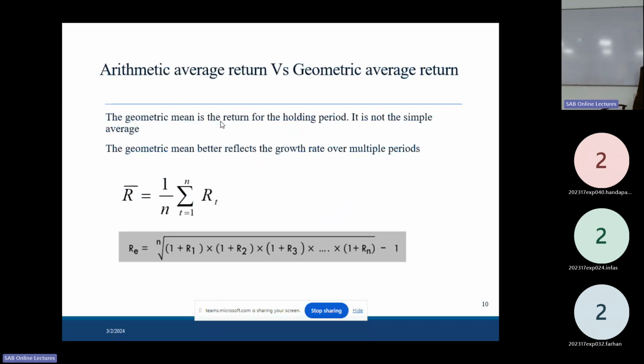When we calculate this normal average or arithmetic average return, R bar, each observation is equally weighted.